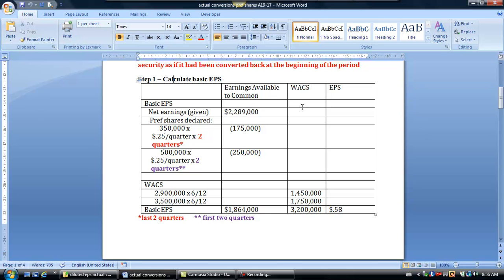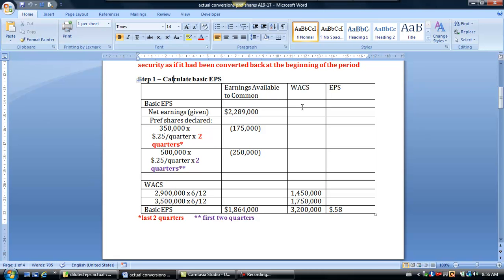So if you're left with 350,000, it means before conversion you must have had 500,000, of which 150,000 were converted, so therefore 350,000 are left. So you need to read these questions carefully to make sure that you can see what dates you're working at and know how many shares are available at what date.